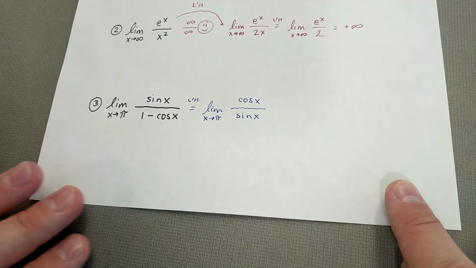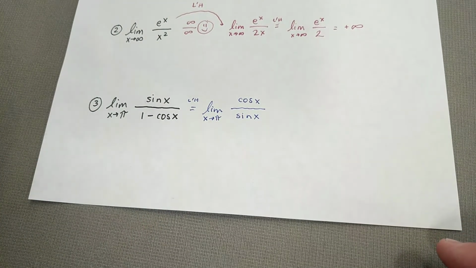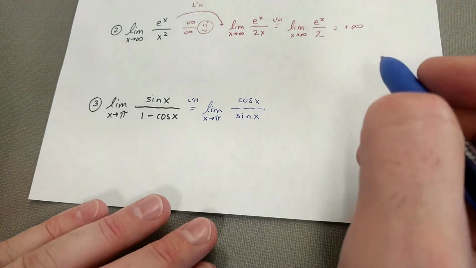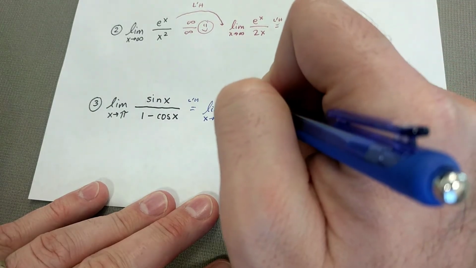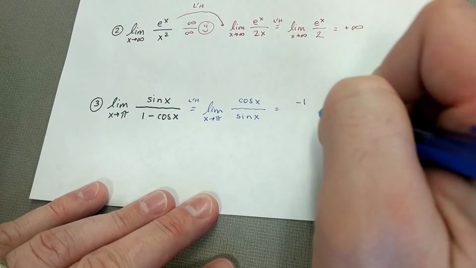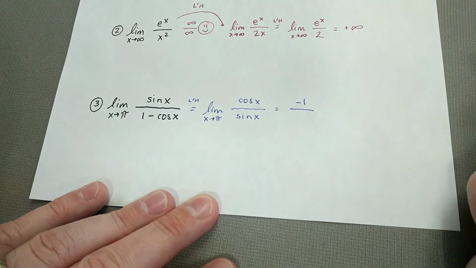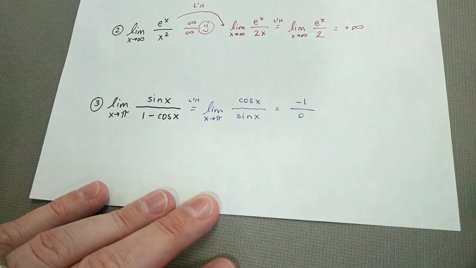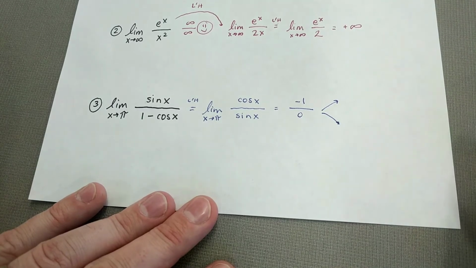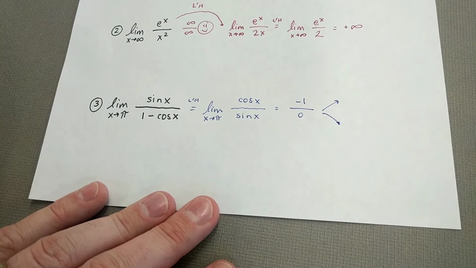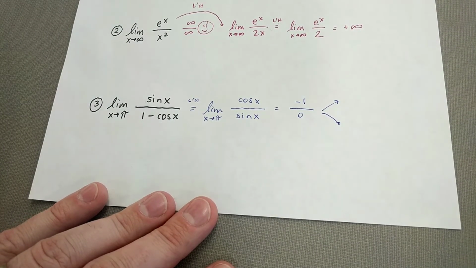And then we sit there and think about, so what if we were to plug this in here? We get that approaches -1, and the bottom approaches, oh boy, 0. We got to split this up into 2 things. We got to go left hand versus right hand. Or do we? I totally did not do this problem correctly.